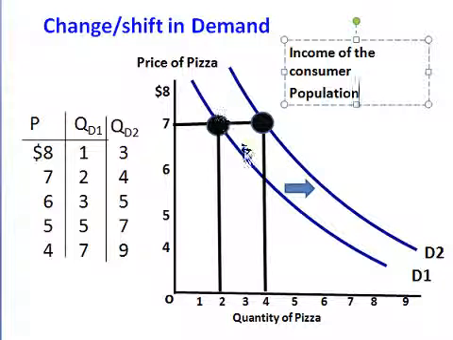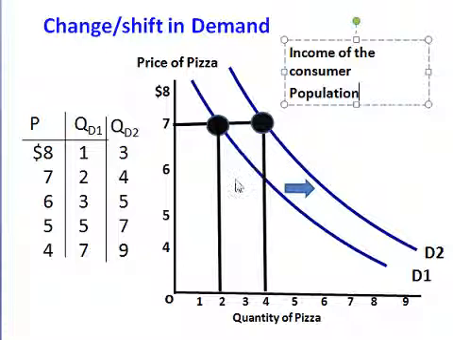As a result, demand for pizza shifts right, but make sure the price of pizza remains unchanged. Okay, suppose we are here, many people are leaving this country. As a result, demand for pizza shifts left, but make sure the price of pizza has remained unchanged. Only then will the entire demand curve shift left.